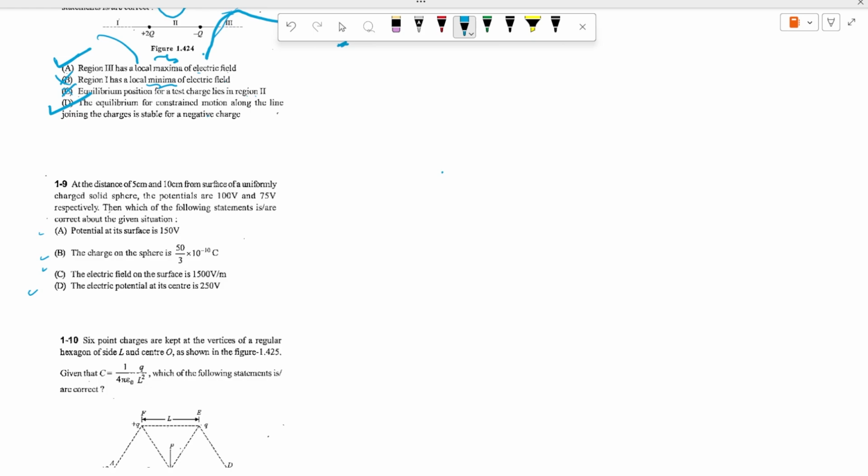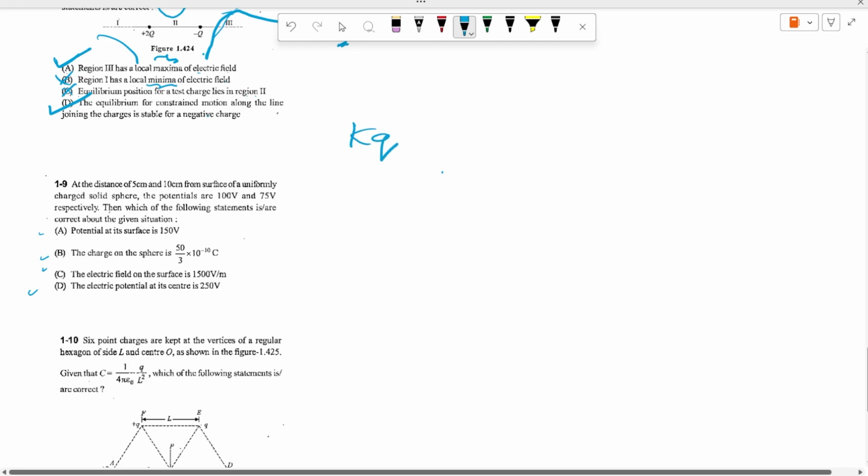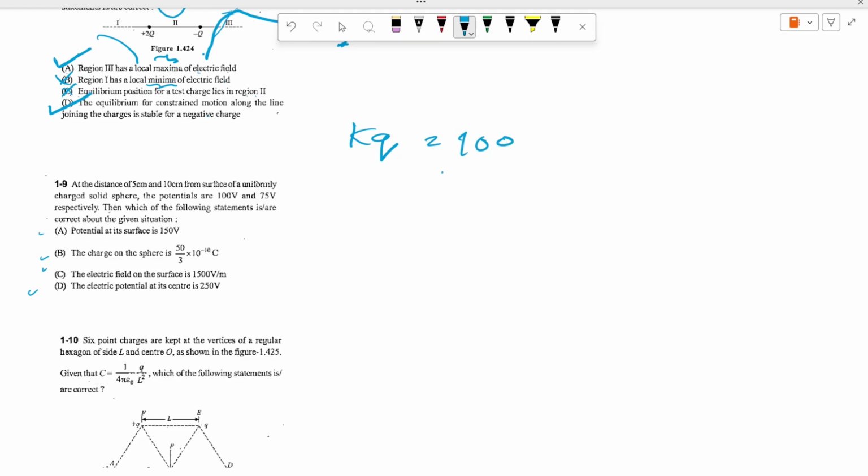So the potential at its surface is going to be what? KQ. We already had the value of KQ. What was it? It was 100 multiplied by small r, which was 0.15. So yeah, KQ is 15, and then it is divided by what?